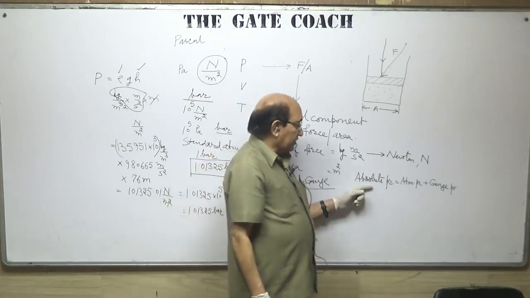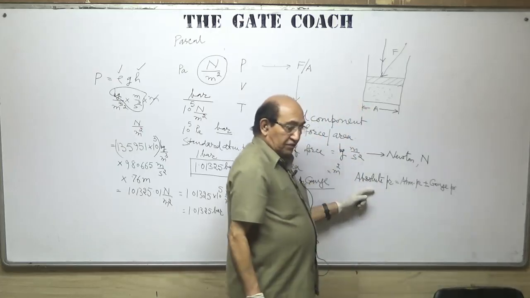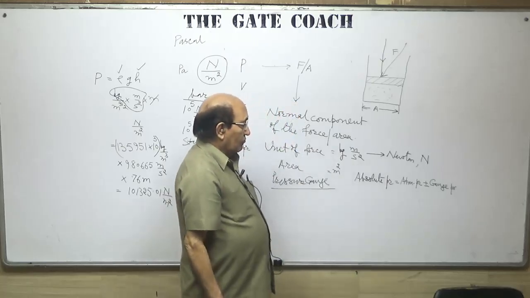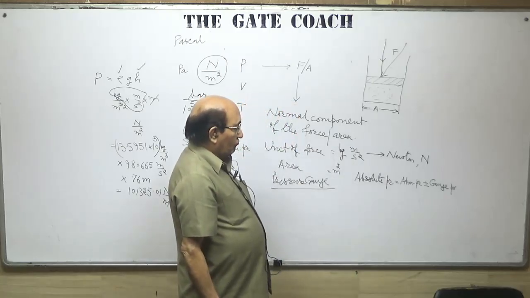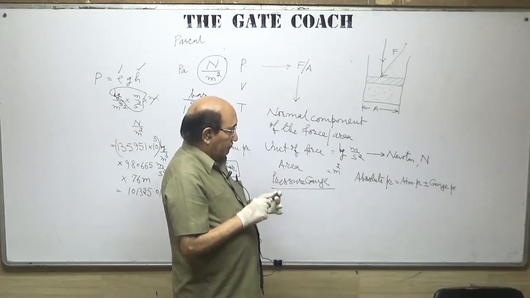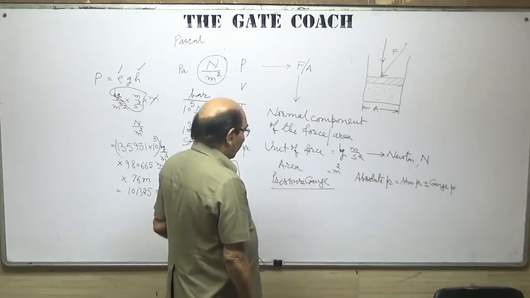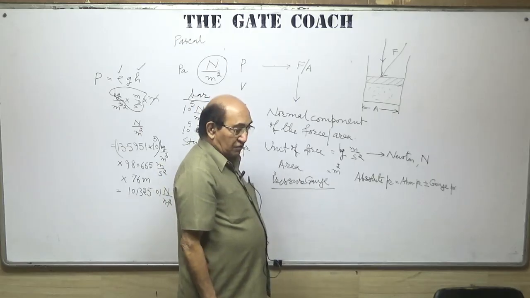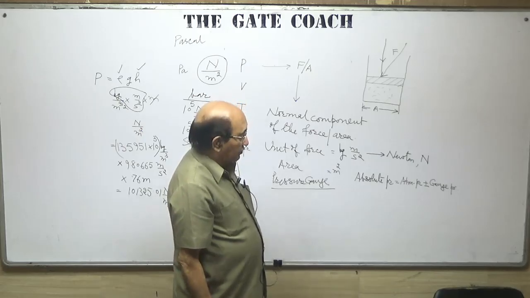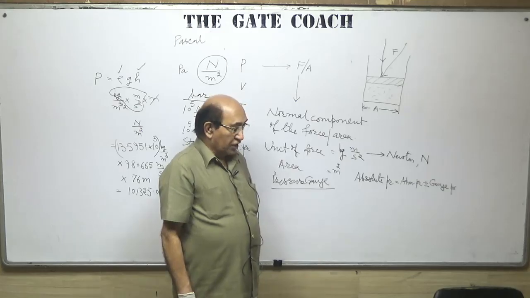And then the absolute pressure shall mean atmospheric pressure minus the gauge pressure. Thus, in all engineering applications, we will be using the term absolute pressure, which is atmospheric pressure plus or minus gauge pressure. Plus value will be used when the gauge indicates above 0, and negative will be used when the gauge indicates below 0.